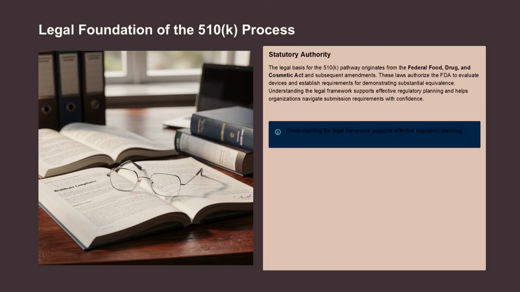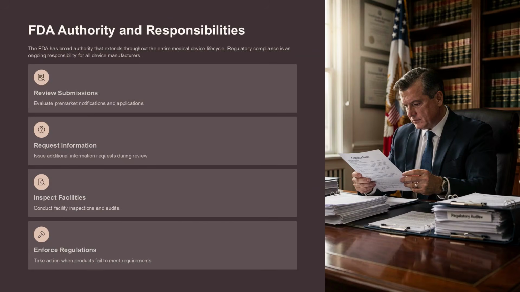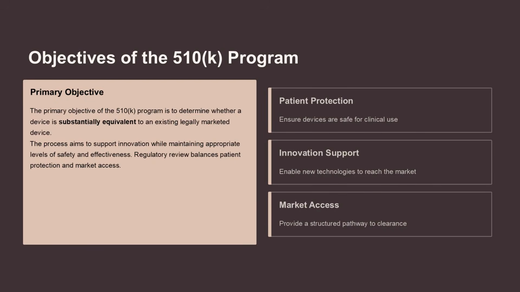The legal basis for the 510(k) process originates from the Federal Food, Drug, and Cosmetic Act, supporting effective regulatory planning. The FDA's authority spans the entire medical device lifecycle, ensuring compliance through submissions, inspections, and regulations. The 510(k) program aims to ensure devices are safe, support innovation, and provide market access through a structured pathway.